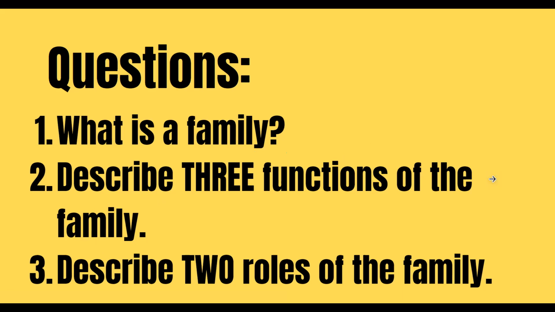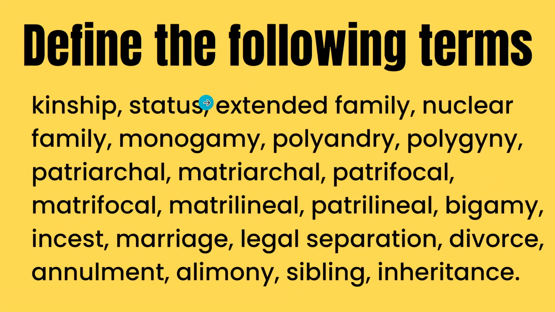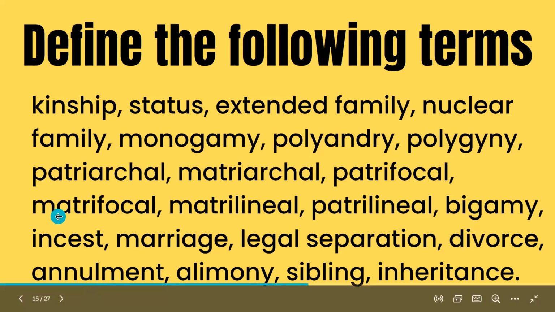You're going to go ahead and do those now, and then you're also going to do a 5th question for me by defining the following terms: kinship, status, extended family, nuclear family, monogamy, polyandry, polygyny, patriarchal, matriarchal, patrifocal, matrilineal, patrilineal, bigamy, incest, marriage, legal separation, divorce, annulment, alimony, sibling, and inheritance.